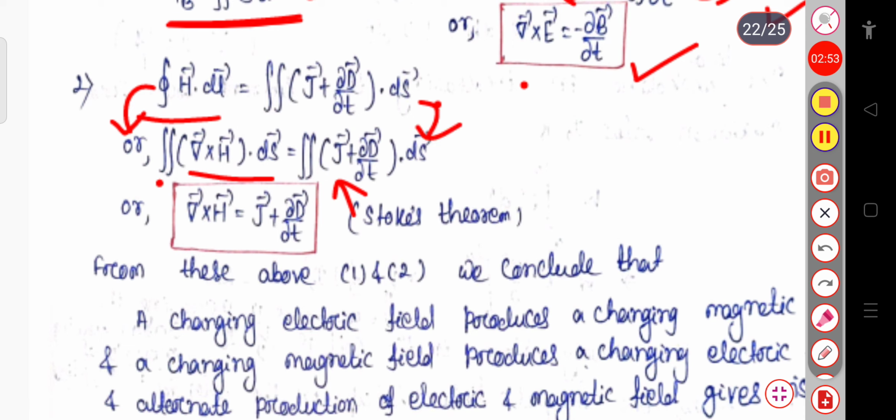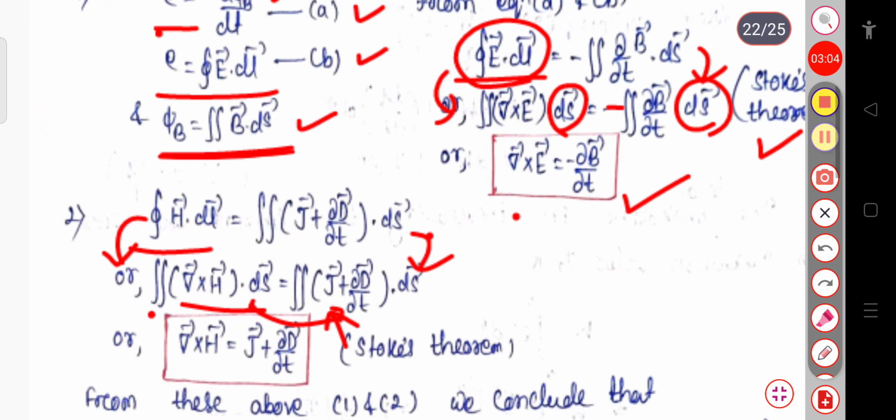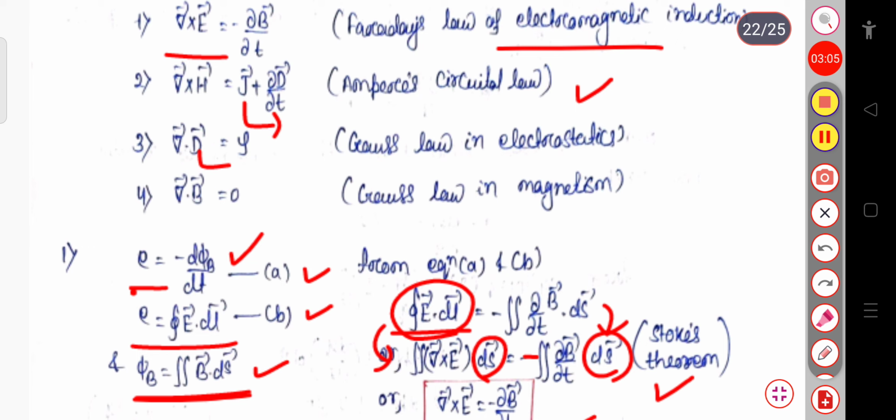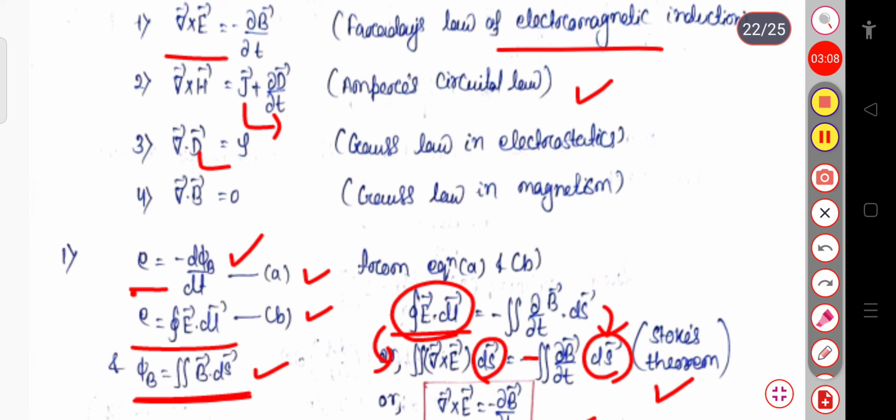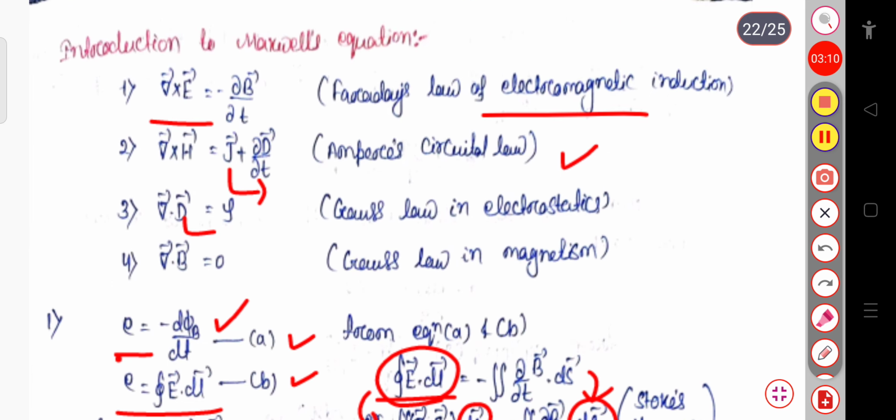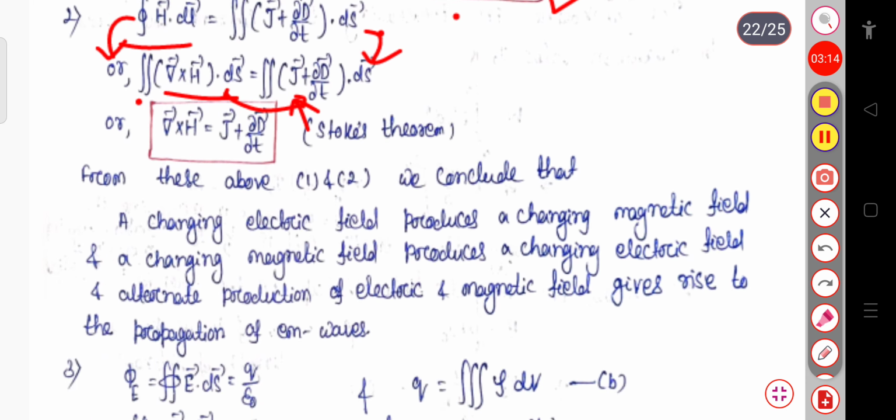If I compare these two equations, then del cross H will be equal to J plus dou D by dou t. This is the proof of the second one, that is Ampere's circuital law, or Maxwell's second equation, del cross H equal to J plus dou D by dou t.